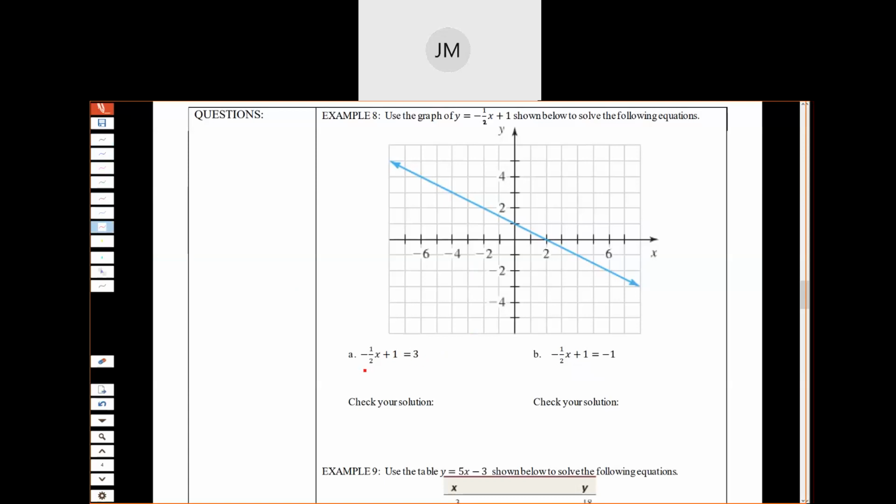If I say y equals this, that's the graph I have given. y equals 3 is a horizontal line. Okay, and I can see that they intersect at this point here. That's an x value of -4.